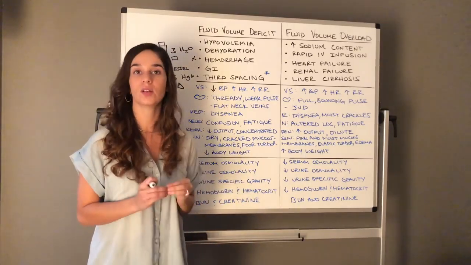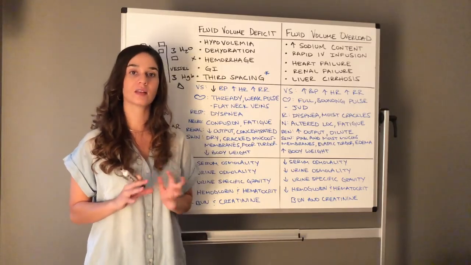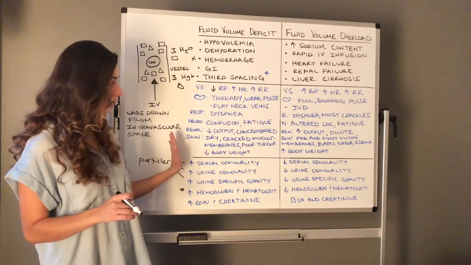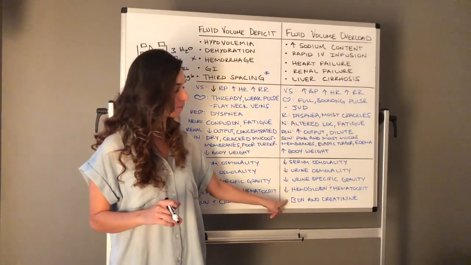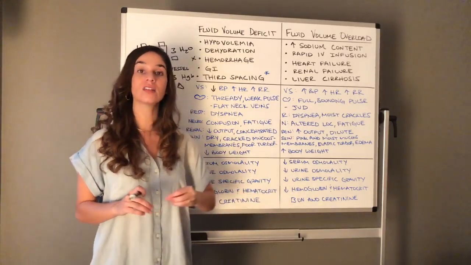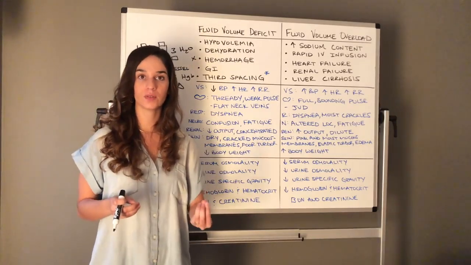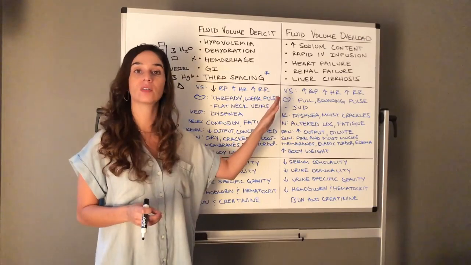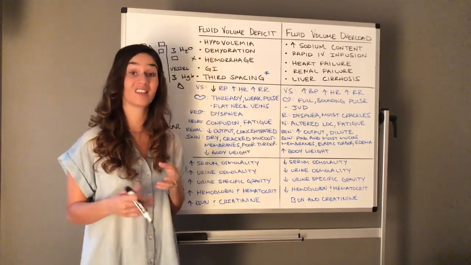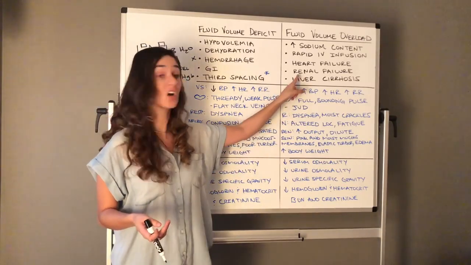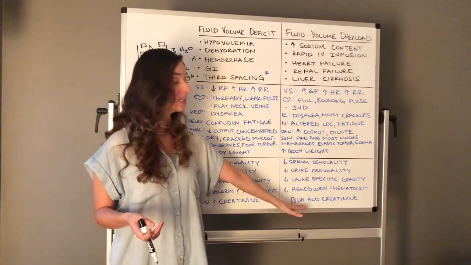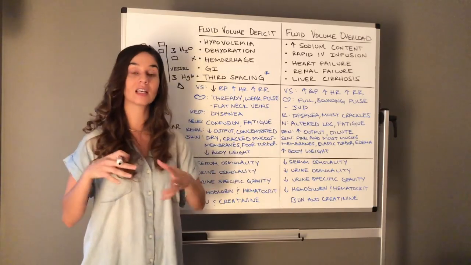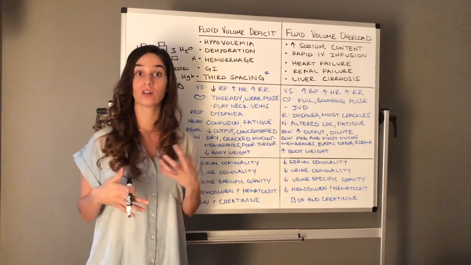I left BUN and creatinine blank. You will see in some of your NCLEX resources that it kind of just throws these all up and these all down. However, yes, your kidneys are being well perfused, but I do want to state that in fluid volume overload, it really depends on the cause. For instance, if the cause is renal failure, your kidney function is not good, so therefore it would be elevated. Or let's think we have heart failure and our organs are starting to fail.